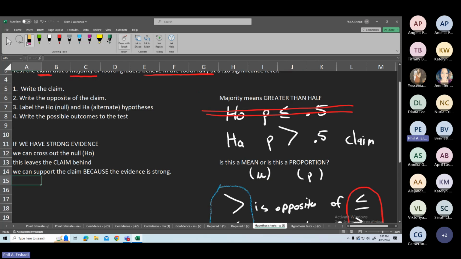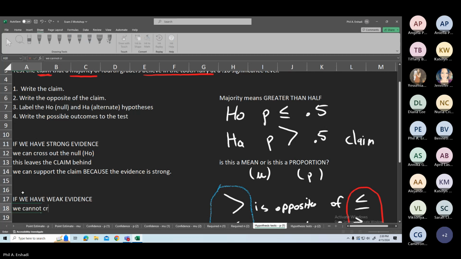But what if we had weak evidence? That means we cannot cross out the null. And the words we use to describe not being able to cross out the null, we say this is fail to reject.